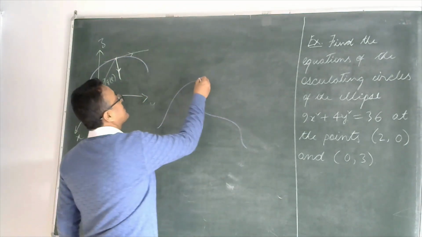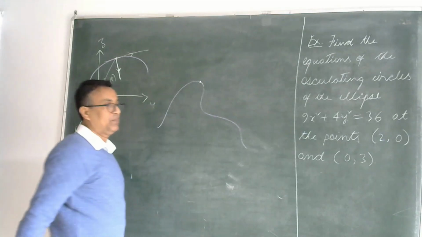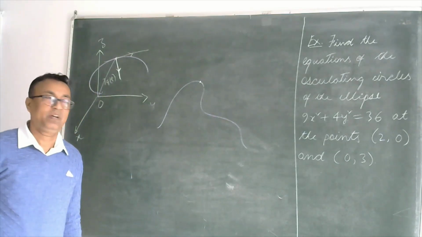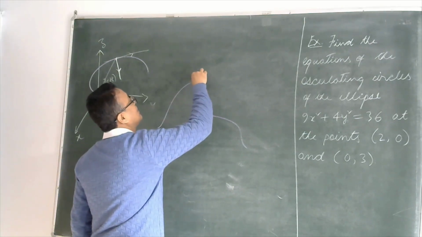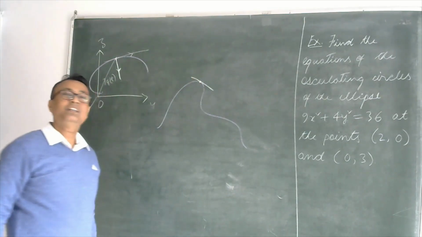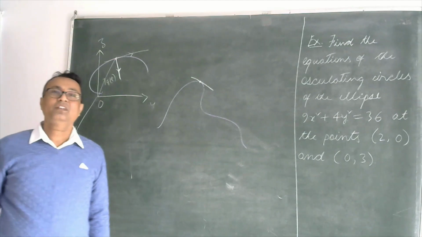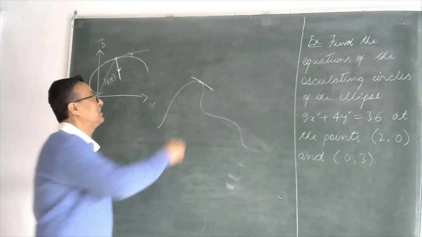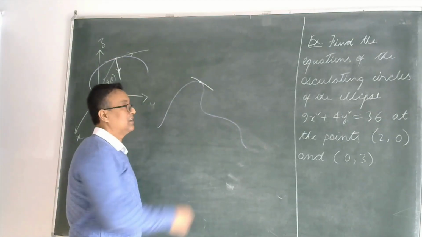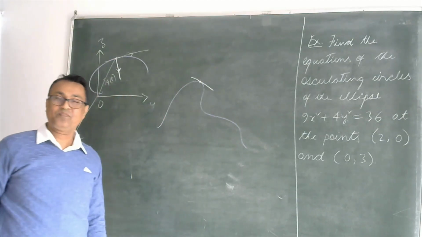Suppose at this point I am considering the tangent and normal, and obviously you will see that the tangent is always going to be drawn at a place where the concave side is below the tangent line.